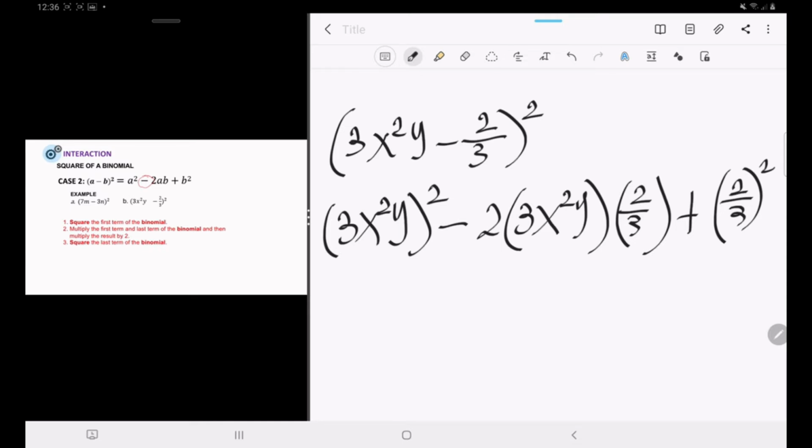The square of 3x squared y is 9x raised to 4 y squared. Then the product of 2 times 3x squared y times 2 over 3.